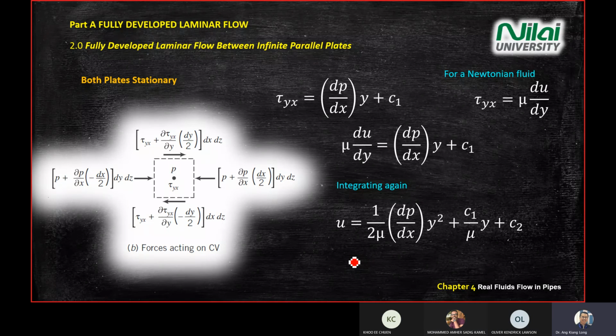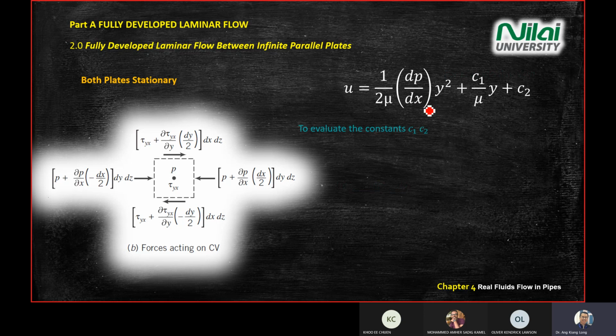Yes, sir. Okay. Now you have two constant values here. To solve these two constants, we will use the boundary conditions that we discussed, I think 30 minutes ago. So we use the boundary conditions to solve C1 and C2. They are put on the screen here. At y equals 0, u equals 0; at y equal to a, u equals 0.